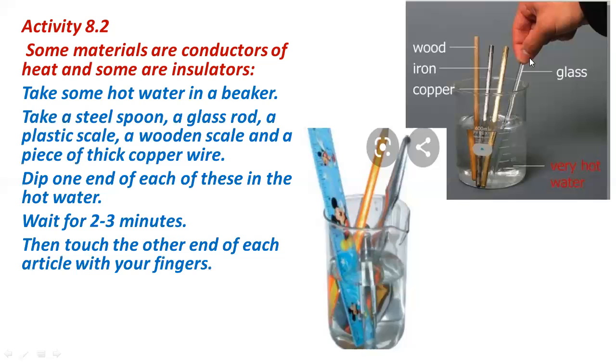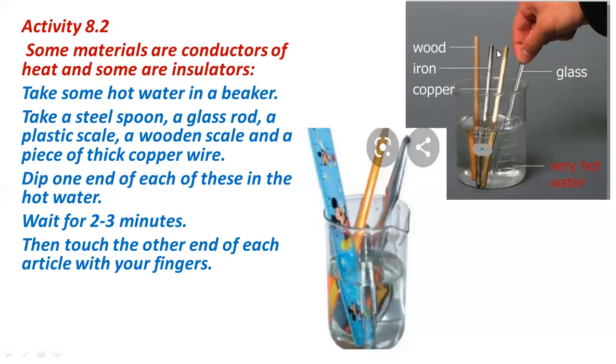After 2 to 3 minutes, touch the ends of these objects and check which one gets warm. Definitely the metals will get warm because they are good conductors of heat, while the wood, glass, and plastic scales are bad conductors of heat, so nothing will happen to their temperature. Except the steel spoon and the copper wire, as they are metal, their temperature will increase and they will get warm.